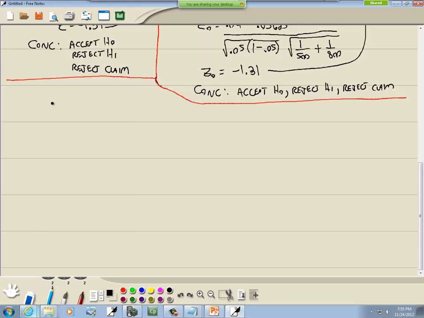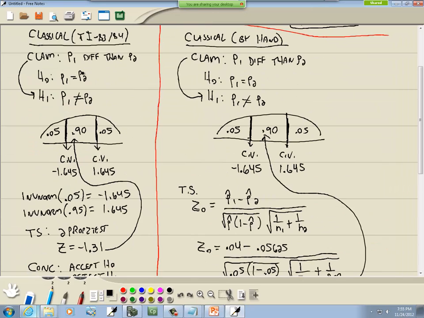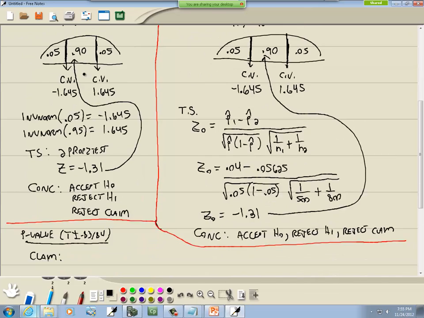Okay, so let's look at this. This will be the p-value using the TI-83/84. And our claim is p1 different than p2.